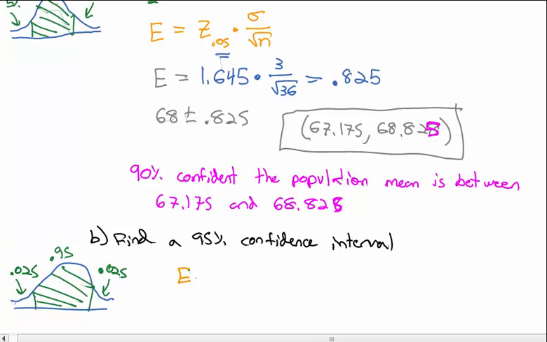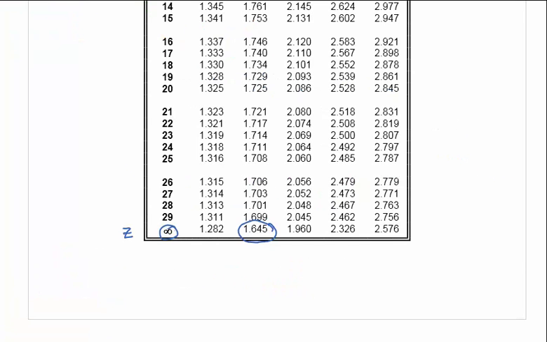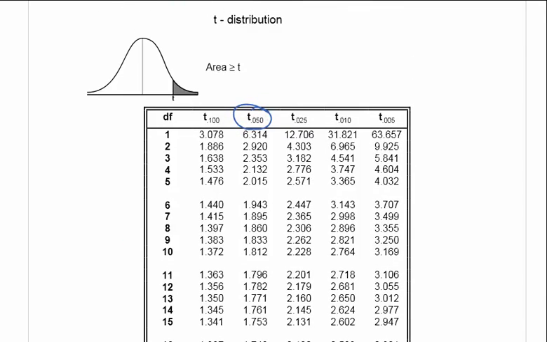So our error is going to be z sub 0.025 this time. 0.025 is how much is in each tail, times the standard deviation divided by the square root of n. So if we go back to our table, this time we want 0.025 in the tail.